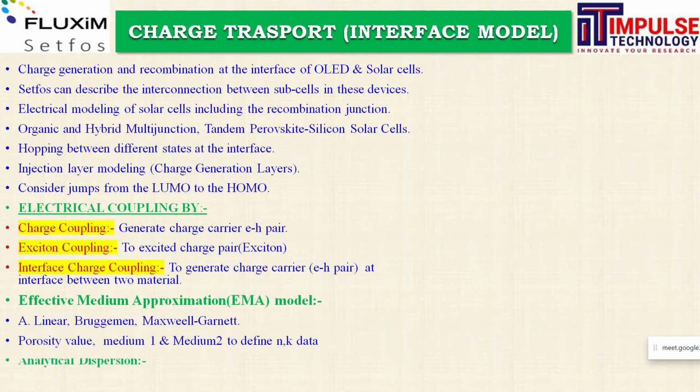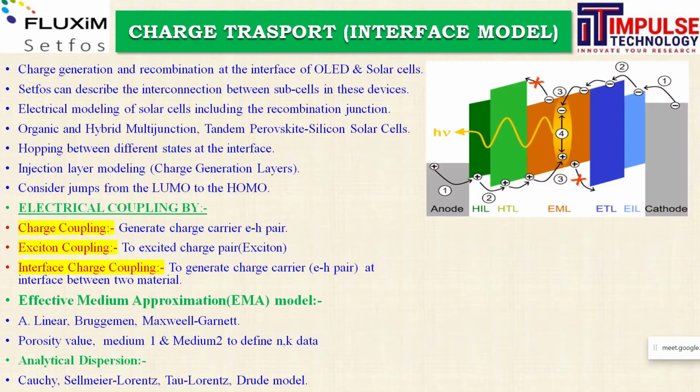So charge coupling, exciton coupling, interface charge coupling for the heterostructure devices. So different electron hole pair generation models are there along with effective medium approximation. These are very unique models that are present inside this commercial software.